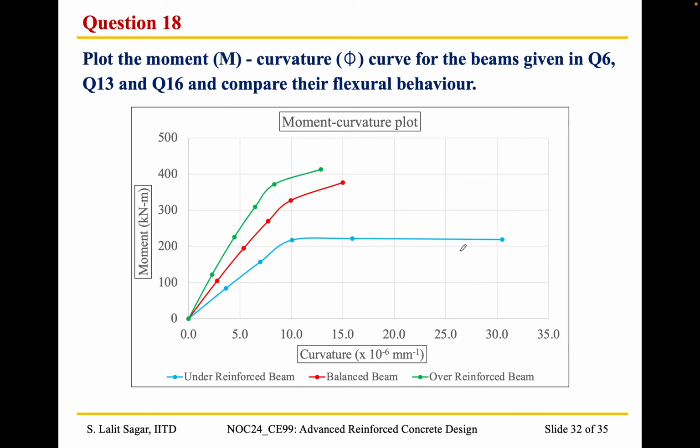So when it comes to the moment capacity, let us call them beam 1, beam 2 and beam 3.